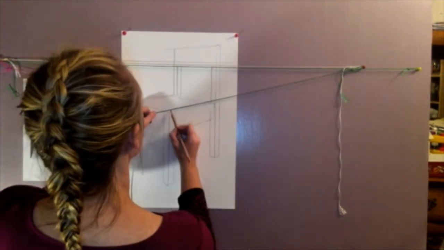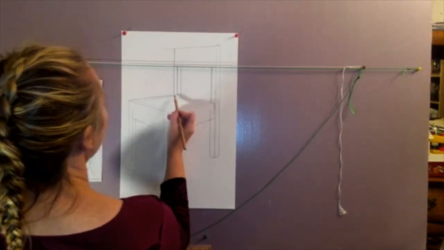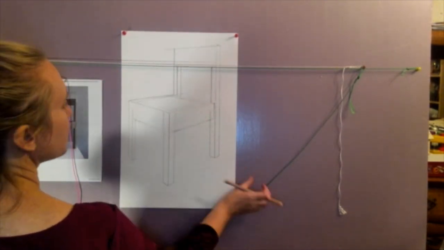Every line goes to either the vanishing point left or the vanishing point right. You just kind of keep going back and forth and filling it in.